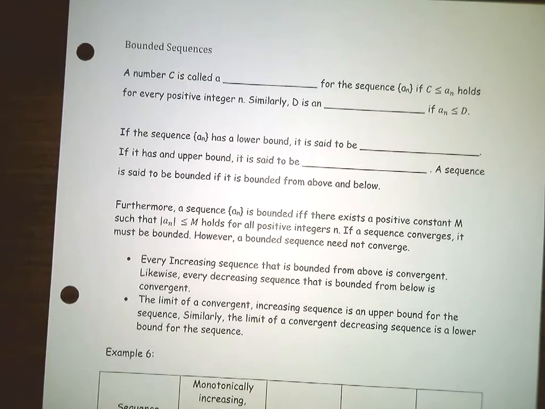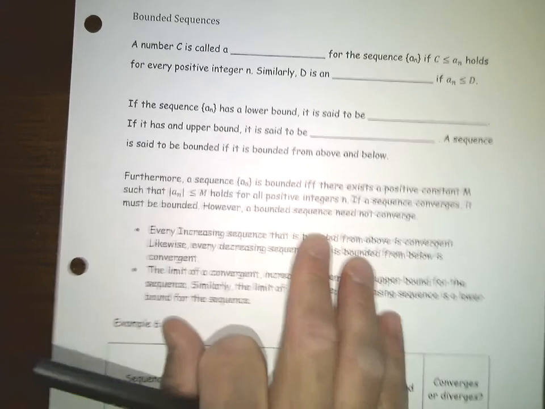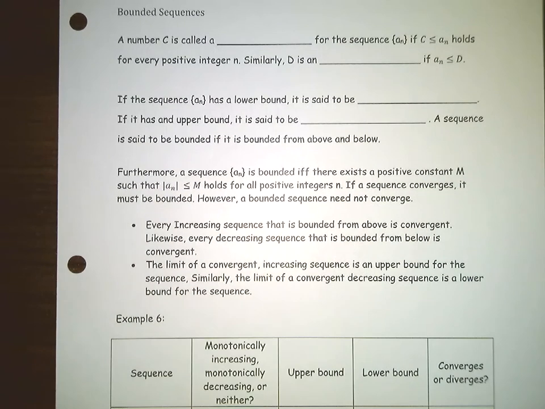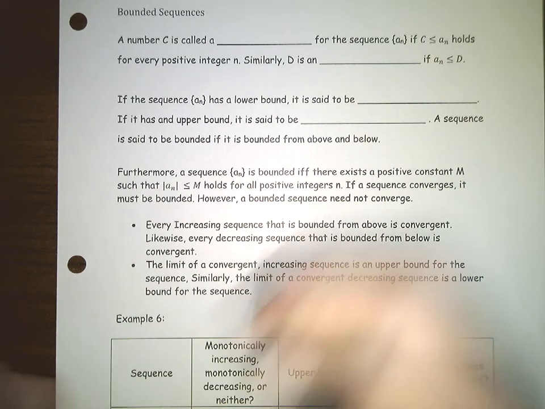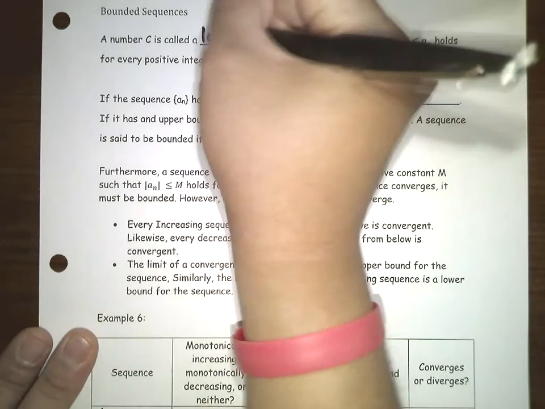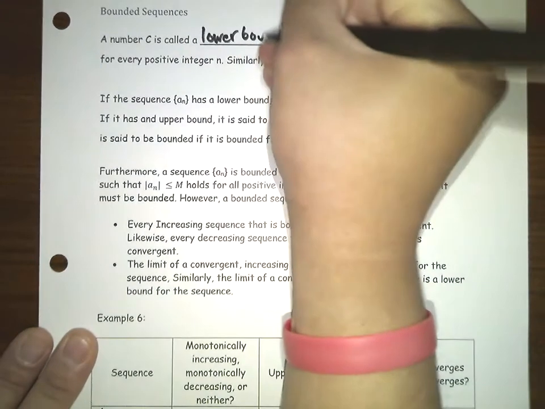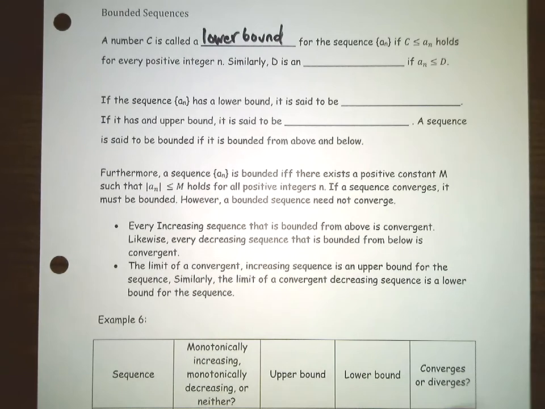So now let's talk about the bounded sequences. A number C is a lower bound for the sequence a_n if C is less than or equal to a_n holds for every positive integer n.